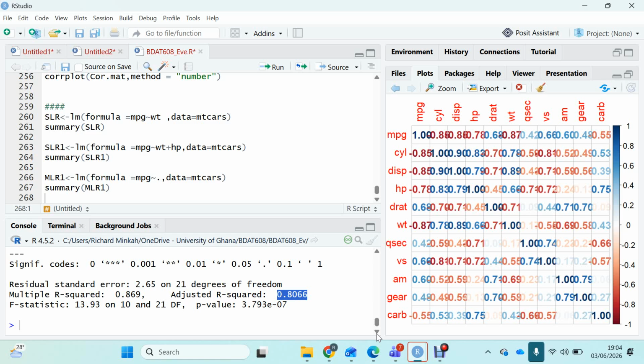But in a multiple linear regression table, Prof, like what we did yesterday, you see that most of the variables are statistically insignificant at 5%. So I can decide to use 10%.